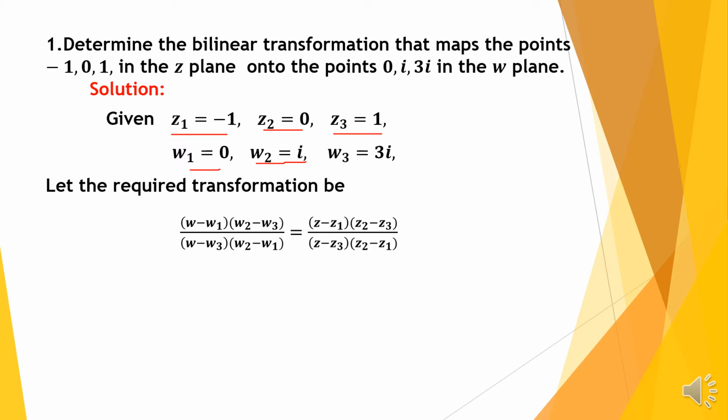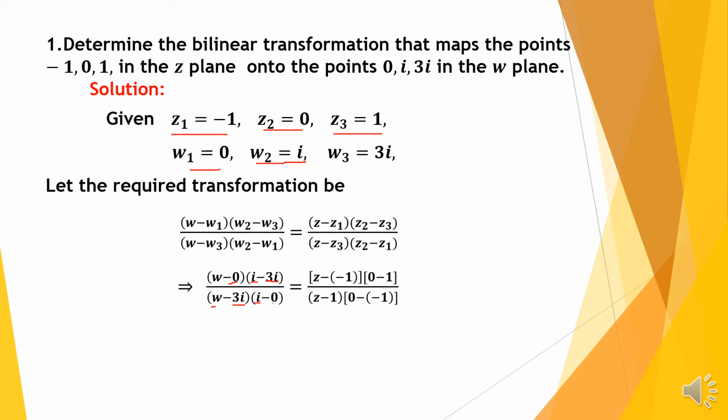Now substitute the points w1, w2, w3 in the left hand side and z1, z2, z3 in the right hand side. We get w - w1. So here w1 is 0, into w2 - w3. So w2 is i, minus w3 is 3i, divided by w - w3, w3 is 3i, into w2 - w1.